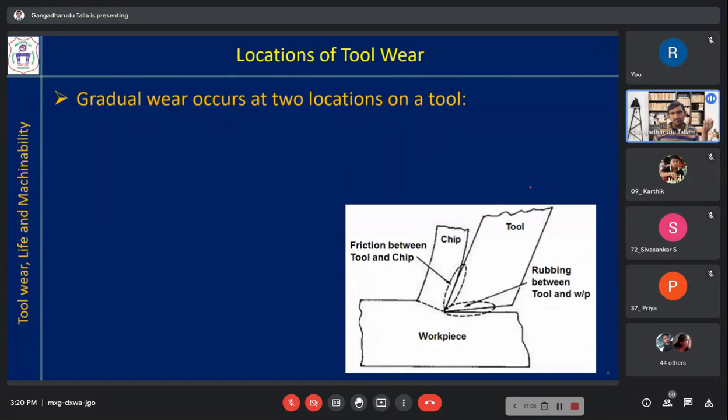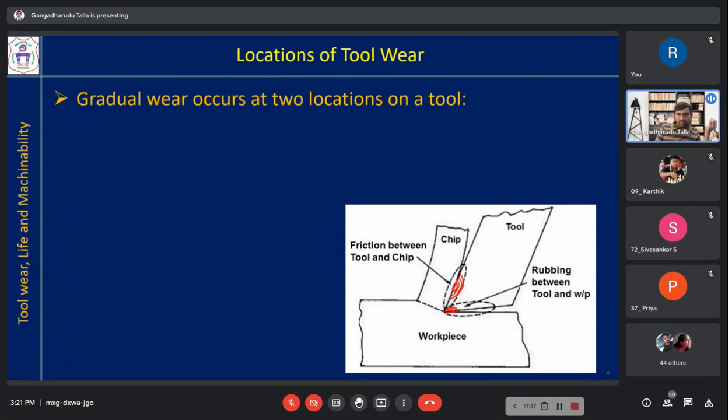You can see here there are two locations. Here chip and tool interaction is there. At this location the tool will gradually wear, and at this location there is interaction between the workpiece and the flank surface. Here also there can be gradual wear of the cutting tool. So these are the two locations.